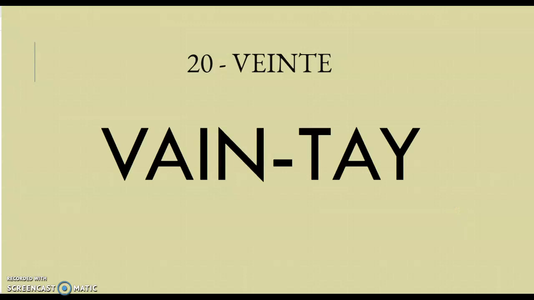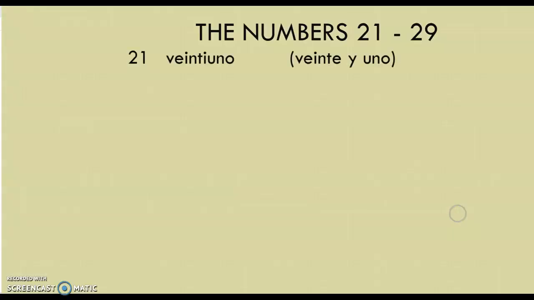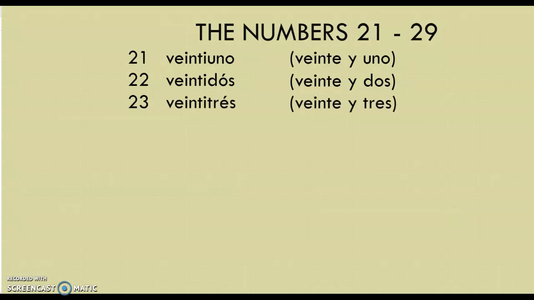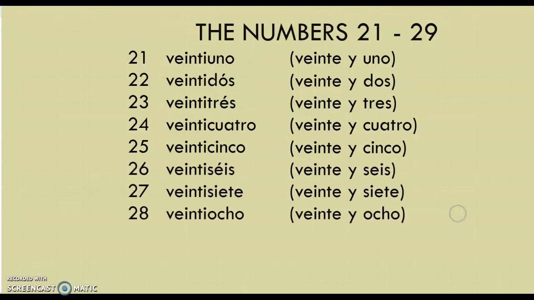20 is 20. For 21 to 29, there's a little bit of a formula going on here, and you'll figure it out pretty quickly. 21, 22, 23, 24, 25, 26, 27, 28, 29.